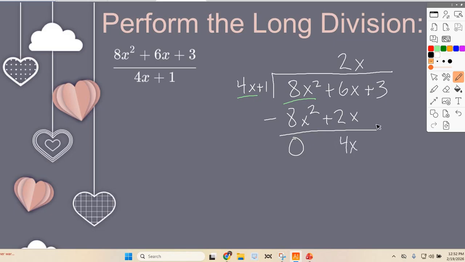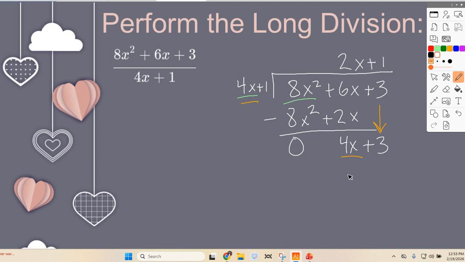So then remember that our next step is to bring down our next term, which in this case is 3. And then we start the process all over again. What do I need to multiply 4x by to get 4x? Just 1.